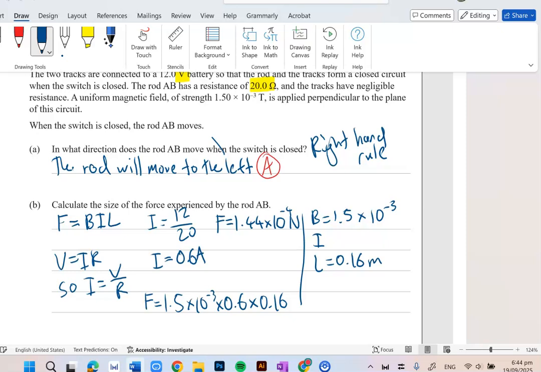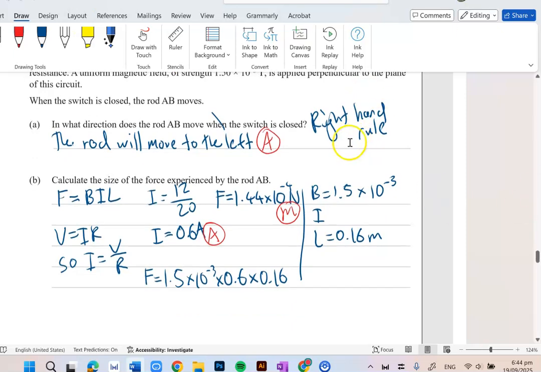Sorry, that just took a while. This is a merit question. For merit, you need to have found the correct force. Achieved is correct current, or incorrect current but somehow you got the correct force. So let's just call that achieved, correct current.